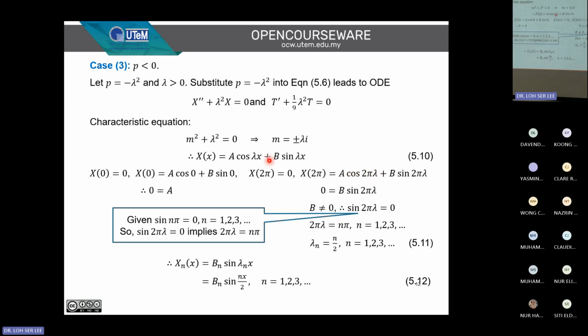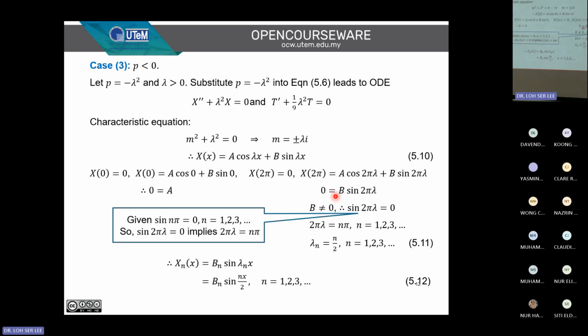So you have a cos 2 pi lambda plus b sine 2 pi lambda equals 0, because your uppercase X is 0. So this whole thing equals 0. But because a is already 0, this term is gone, meaning that this equals 0. Okay, up to this point?